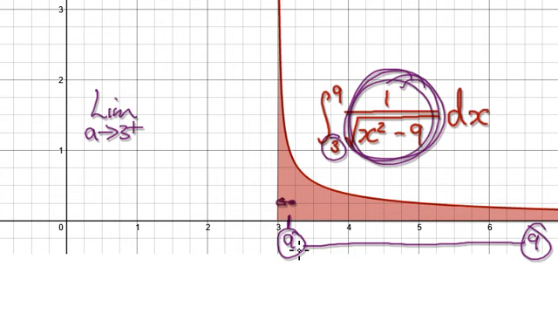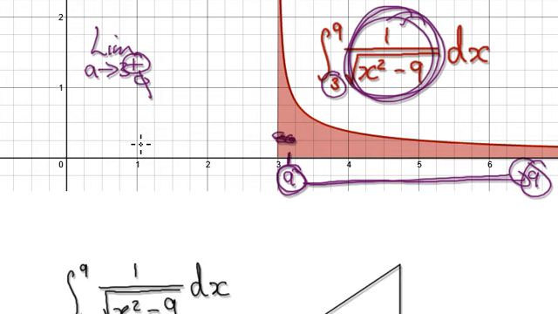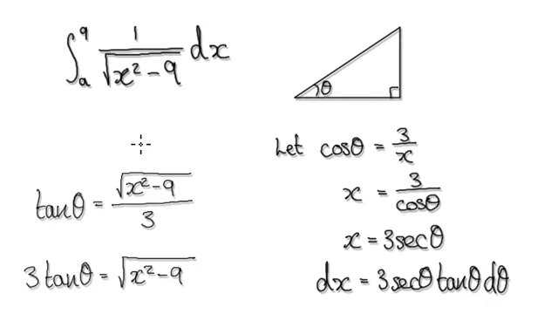So we have to integrate it from A to 9, and then let A tend towards 3 from the positive direction. Now it's just a matter of integrating this.